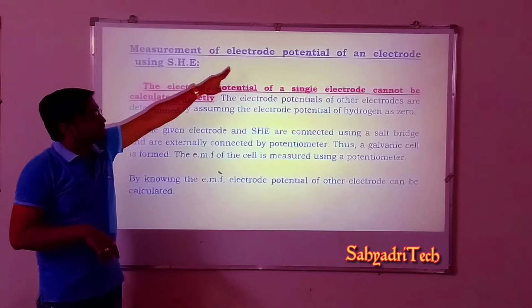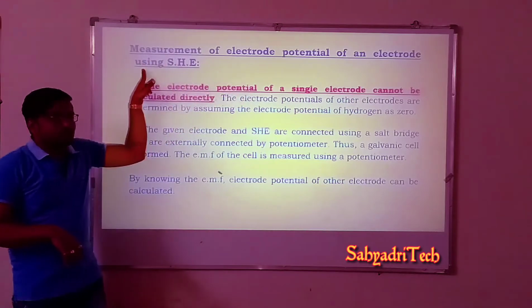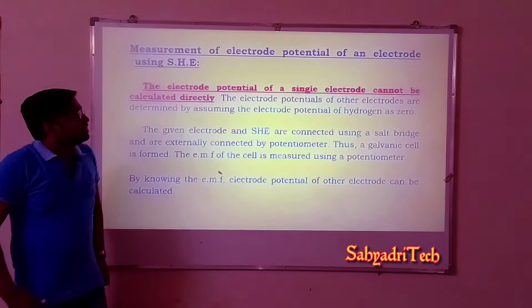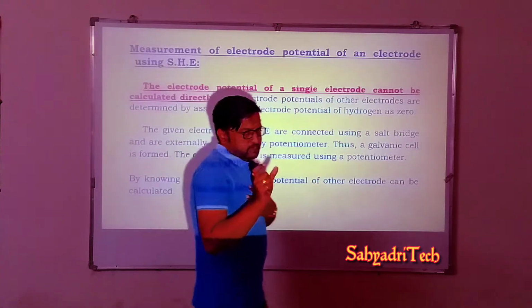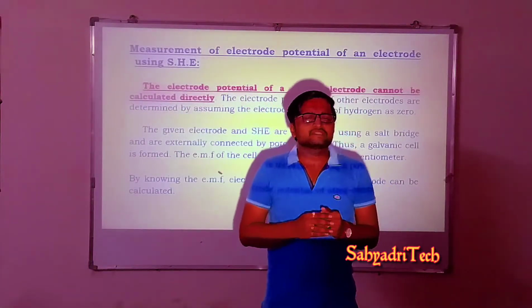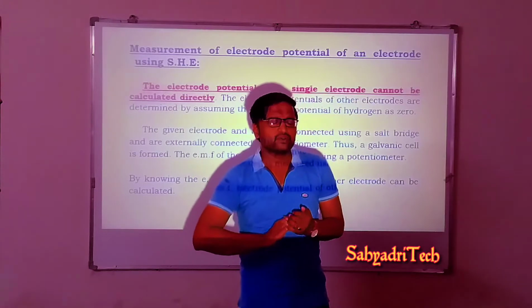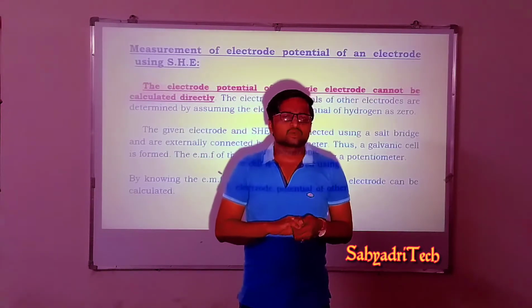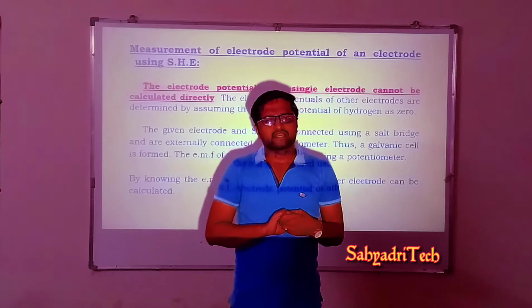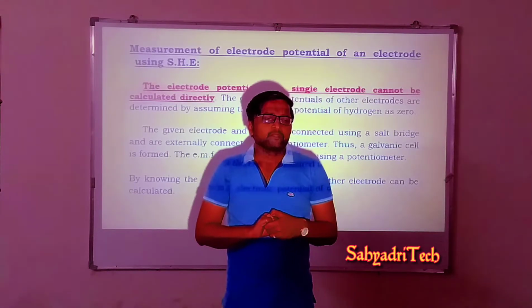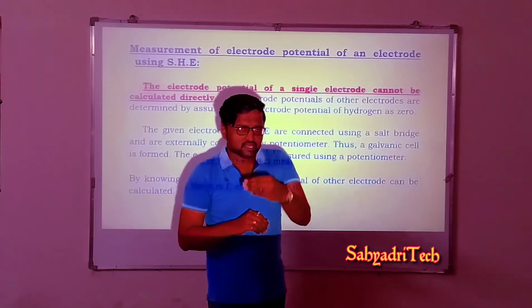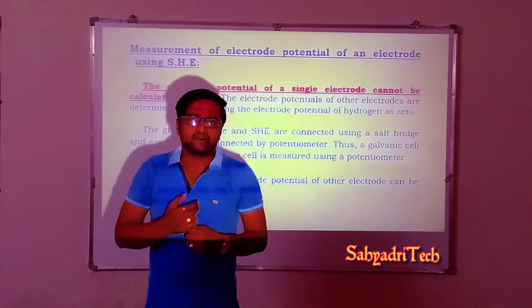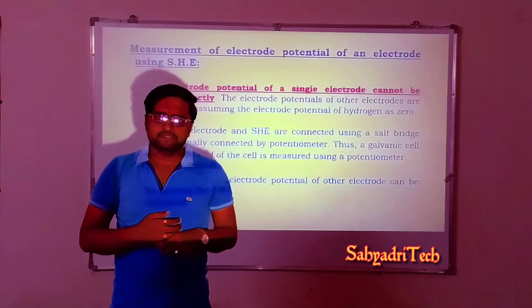Measurement of electrode potential of an electrode using the standard hydrogen electrode. Well, here the first thing to be remembered is, whenever we consider half cells, we know a metal in contact with the solution of its own ions is considered a half cell. Based on the reaction involved, those half cells can be categorized as oxidation half cell and reduction half cell.